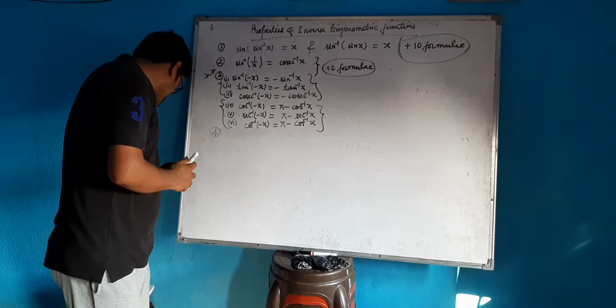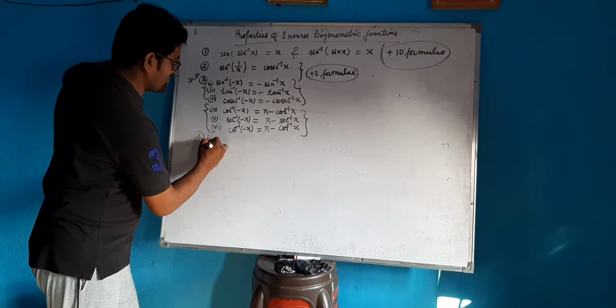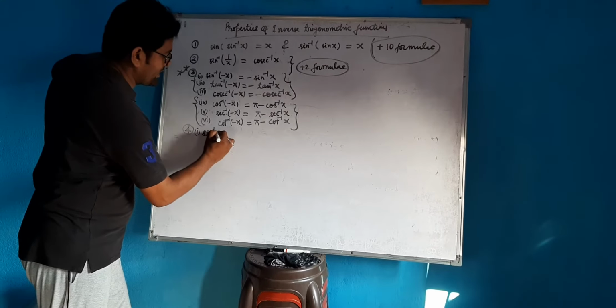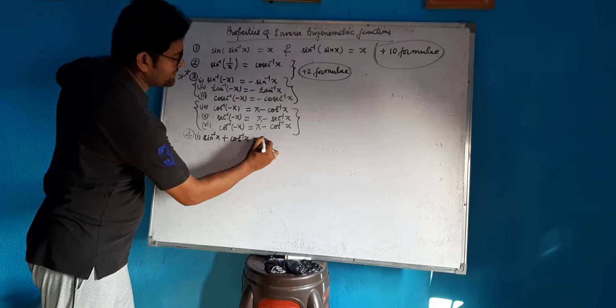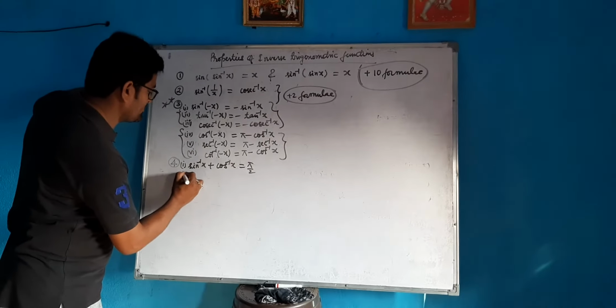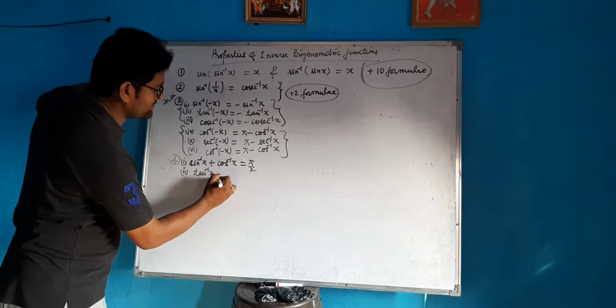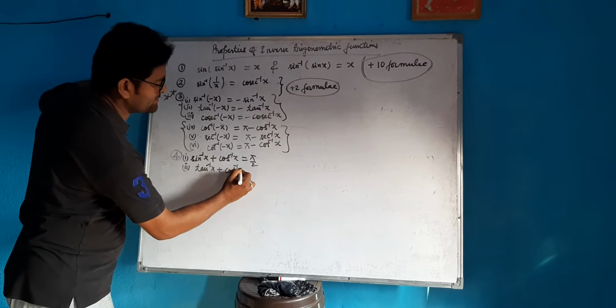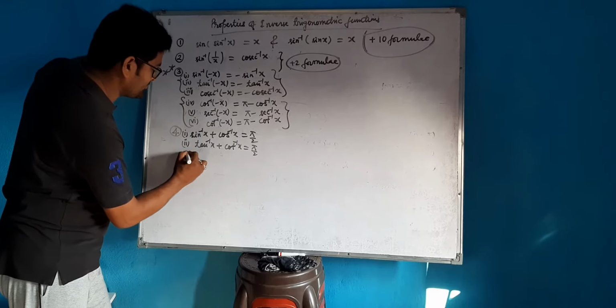So we can write it as: first formula, sine inverse x plus cos inverse x is equal to pi by 2. Second, tan inverse x plus cot inverse x is equal to pi by 2. They are complements to each other.